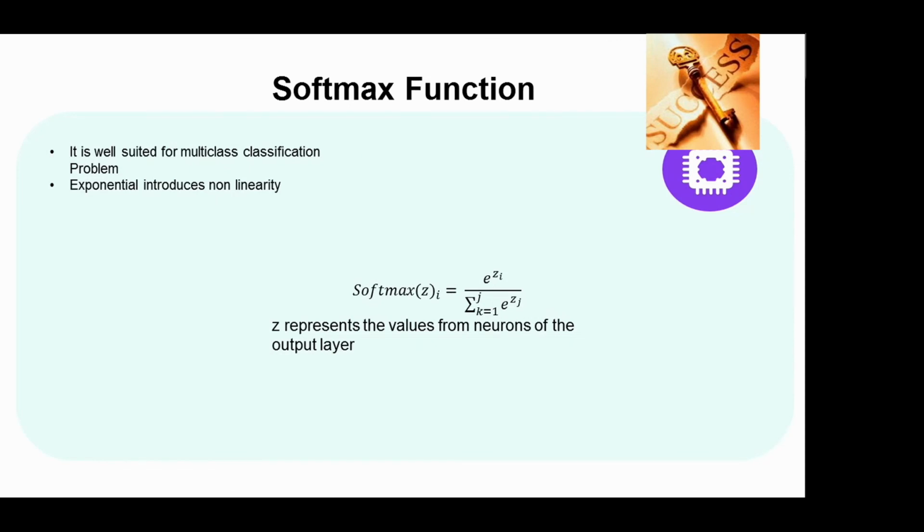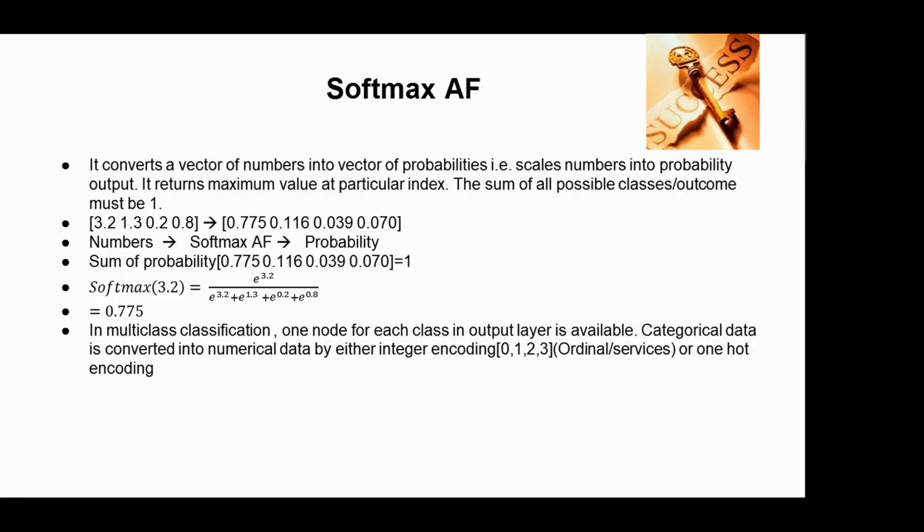Let's understand with a numerical example. First you have to understand what softmax is. The softmax activation function is a non-linear activation function. It is applied in the last layer and it is used for multi-class classification problems.